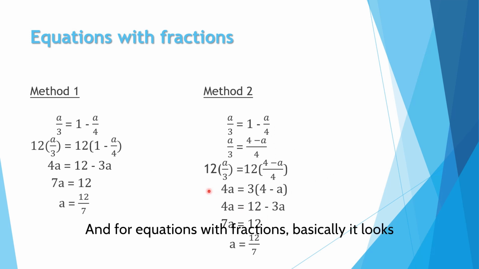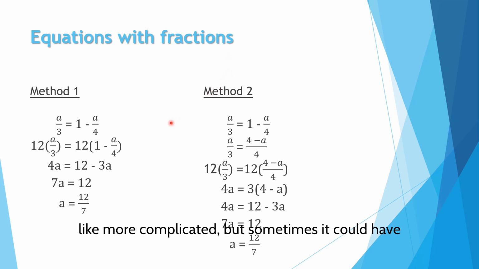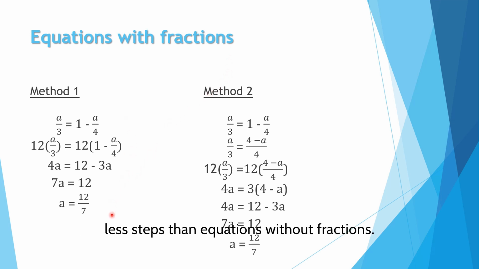And for equations with fractions, basically it looks more complicated, but sometimes it could have fewer steps than equations without fractions. And the principles basically are the same. First of all, there is more than one method.